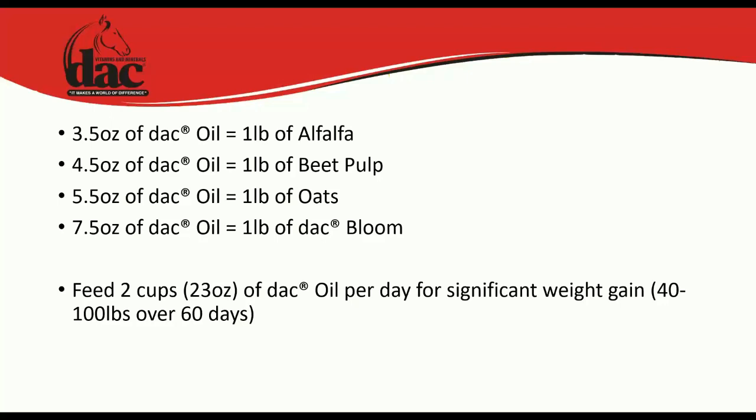Then beside it, put a pound of alfalfa. I don't care whether it's alfalfa pellets, cubes, or long stem hay. 3.5 ounces of DAC oil will give you the same calorie content, the amount of energy, as a pound of alfalfa.